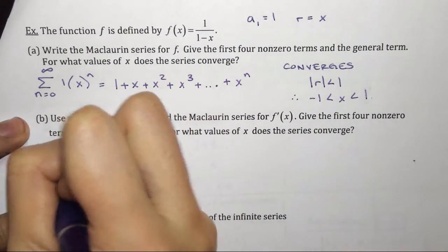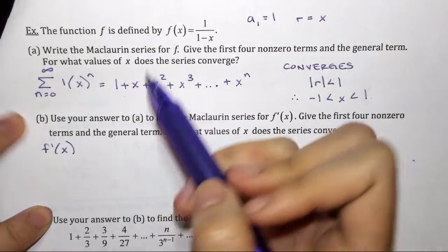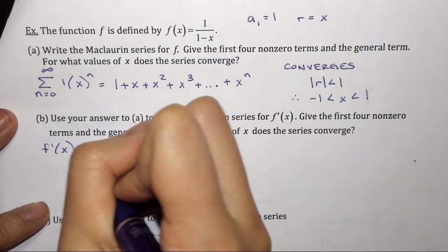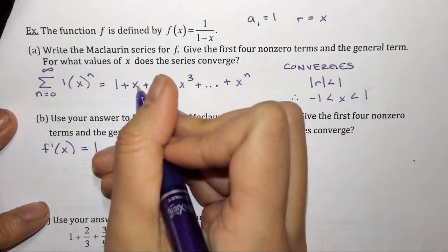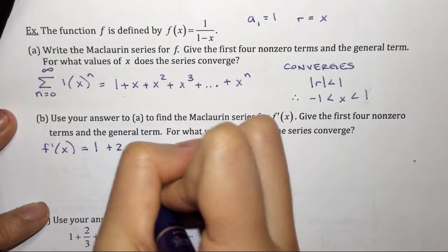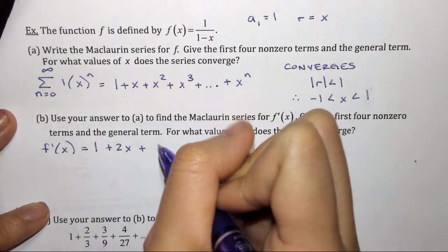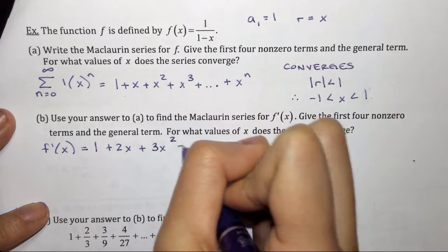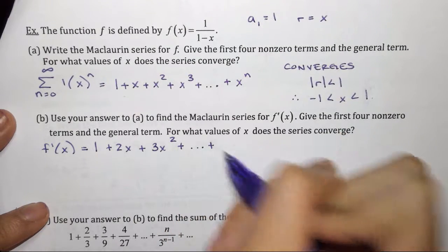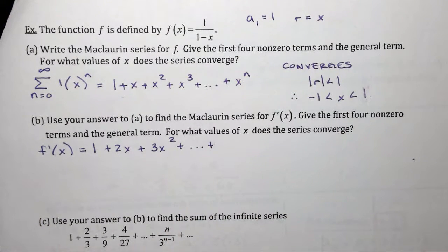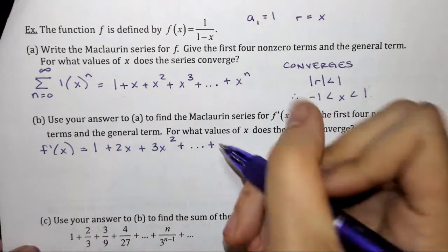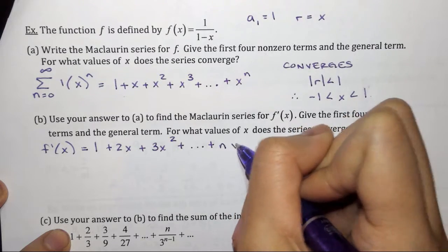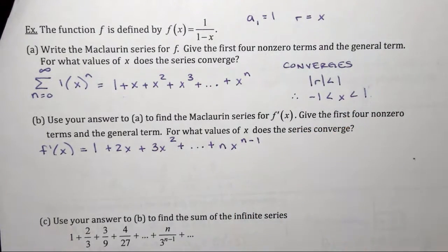So, if I wanted to find f prime of x, then all I have to do is take the derivative of this. 1 plus 2x plus 3x squared plus, it would be n x to the n minus 1.